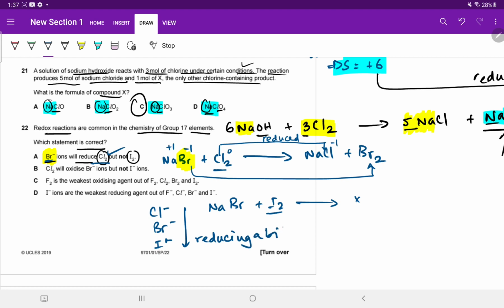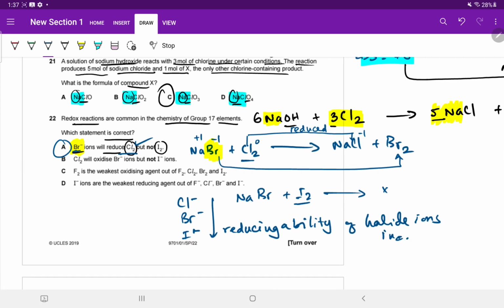So I minus shall have a higher reducing ability than Br minus. So option A is correct, because Br minus can reduce Cl2 but it cannot reduce I2.